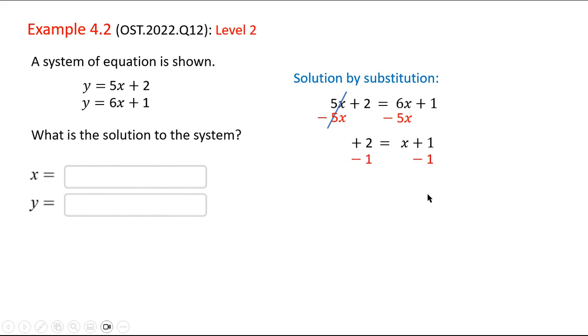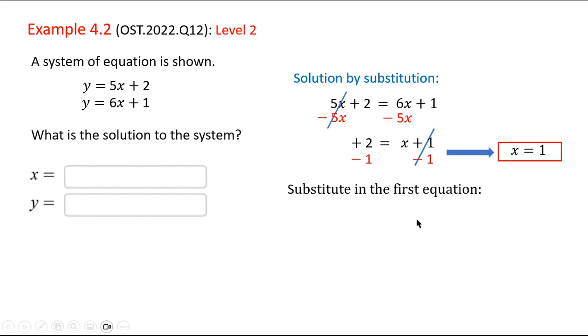Subtract 1. X is equal to 1. Now, you can substitute in the first equation or the second equation. It doesn't matter. When x is 1, you put x equals 1 here. Obviously, you find y to be equal to 7. So you see this one here, we do graphing and we do substitution.